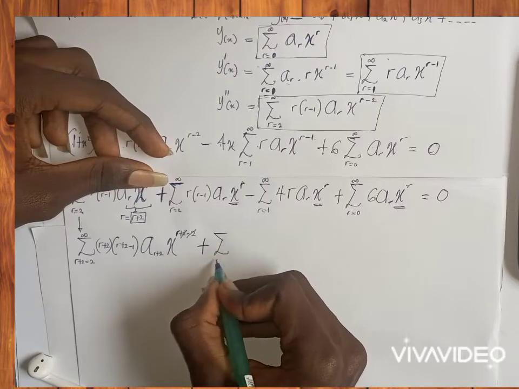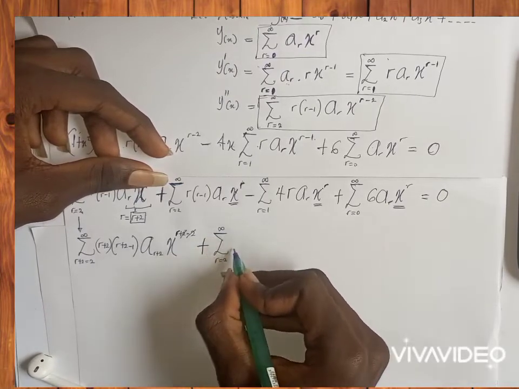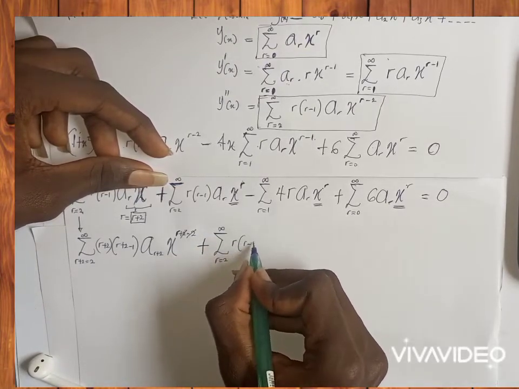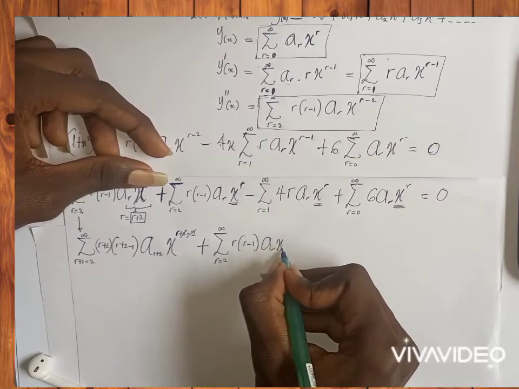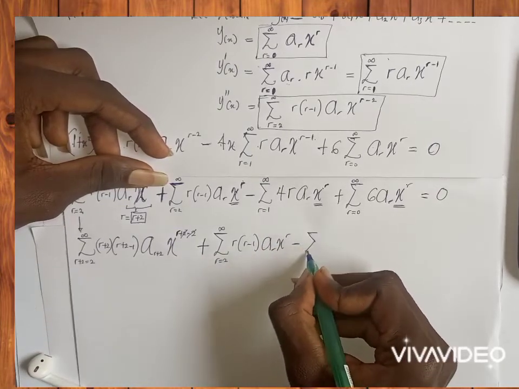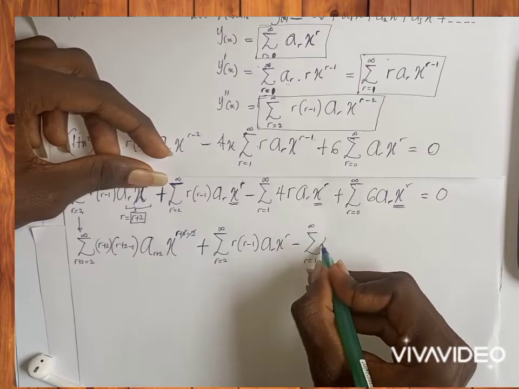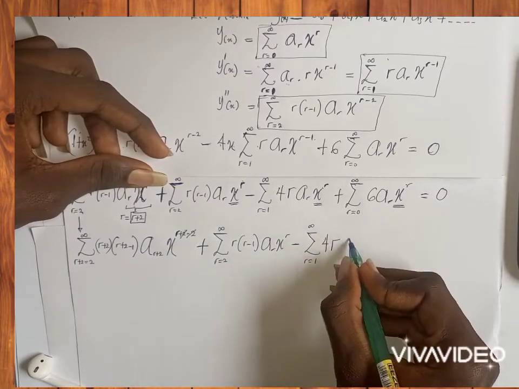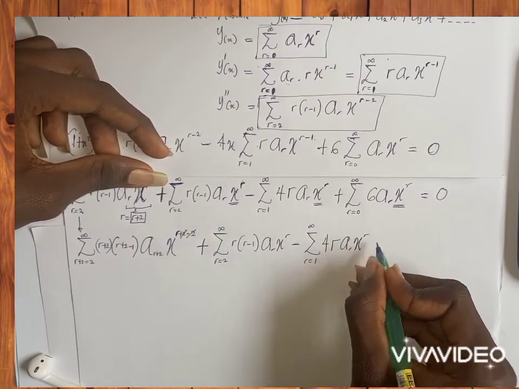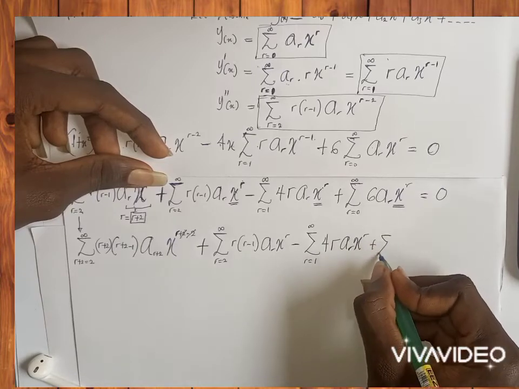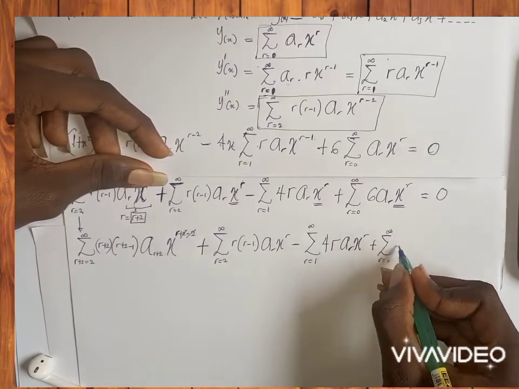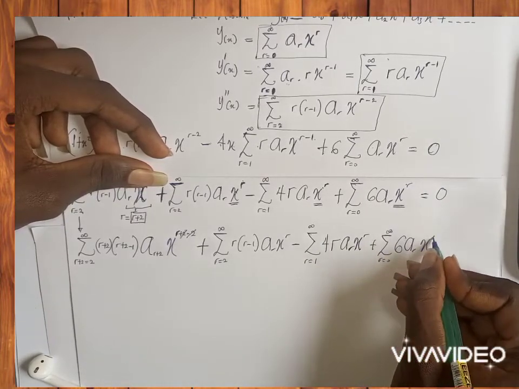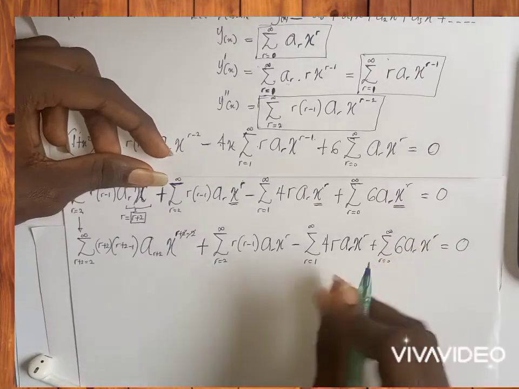Then we have the summation from r = 2 to infinity of r − 1, and I don't have any business with this, I just have to repeat it, minus the summation from r = 1 to infinity of 4 a_r x^r, plus the summation from r = 0 to infinity of 6 a_r x^r equals 0.